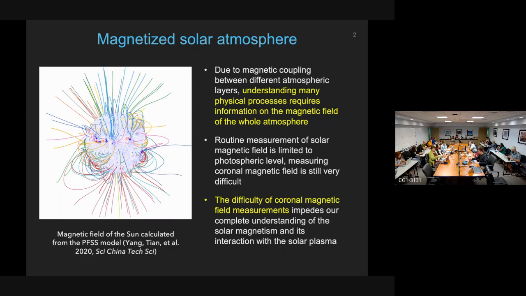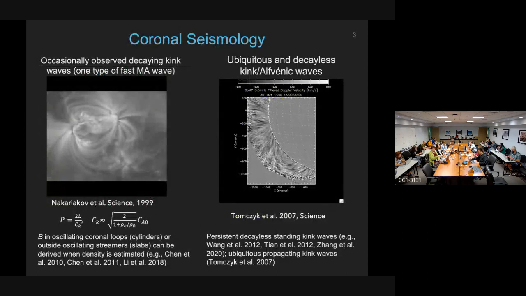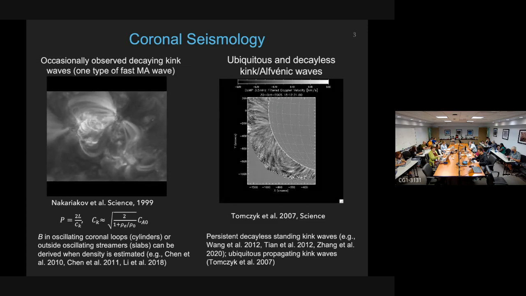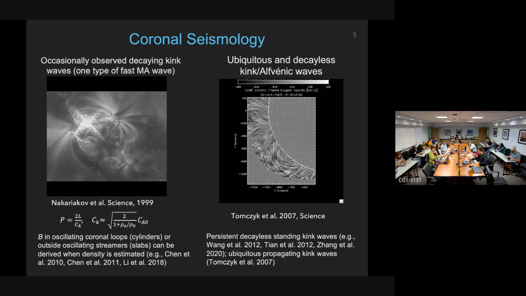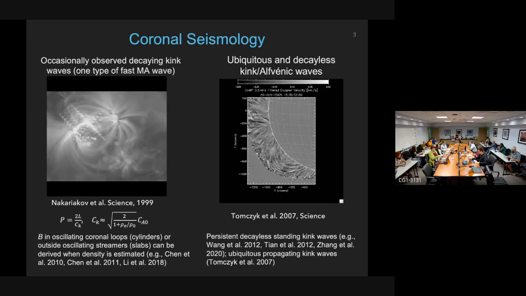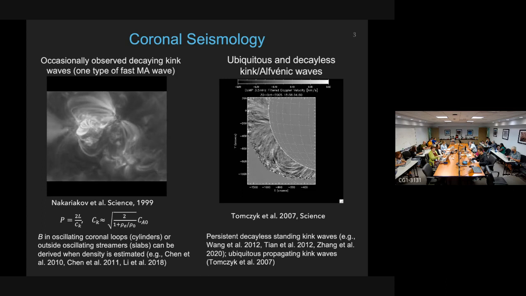And of course, there is also the method called coronal seismology, which is a combination of MHD wave theory and actual wave observations in the corona. I would like to separate coronal seismology into two different types. The first one, we can call it 1D coronal seismology.